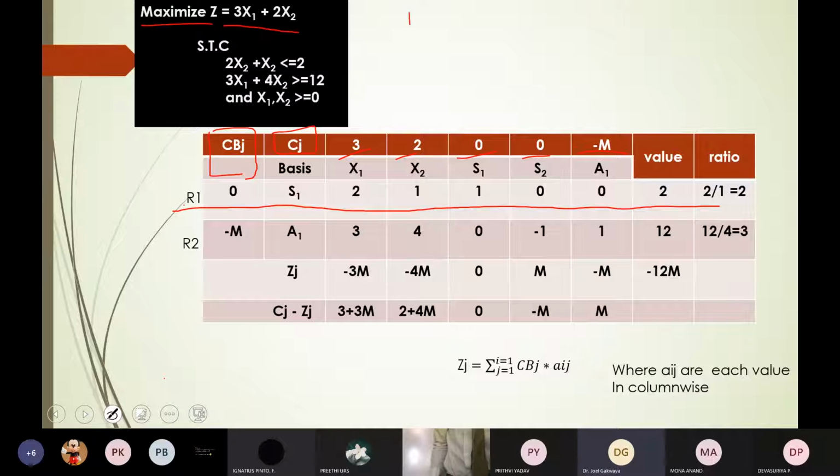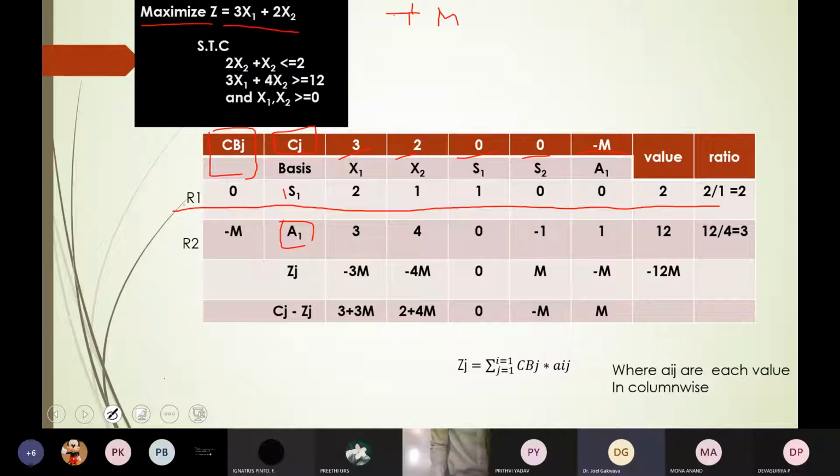If it was a minimum, we would have had plus M. So in the basic variables, we have s1 and we also have a1. As I told you, in the presence of artificial variables, we consider its coefficient as a basic variable rather than the slack variable or surplus variable.